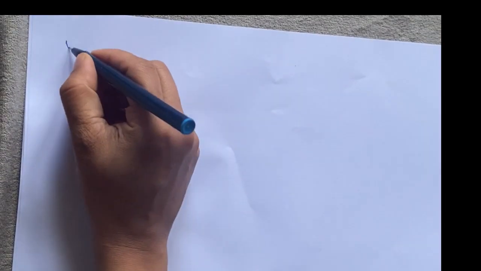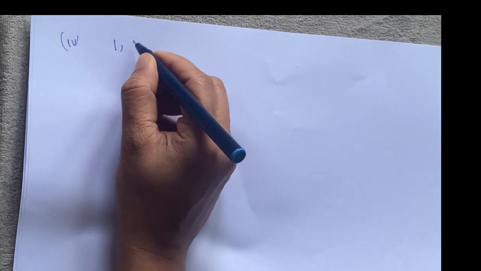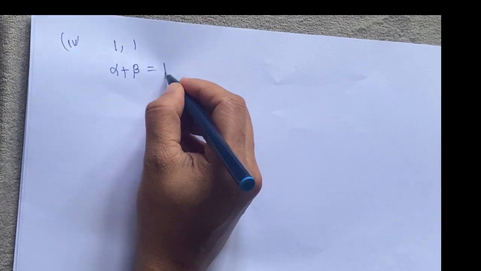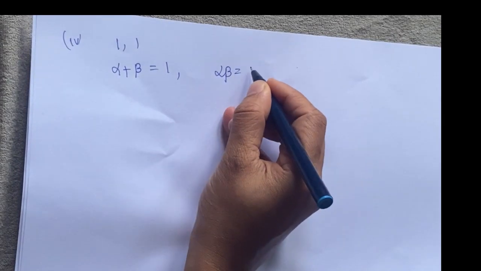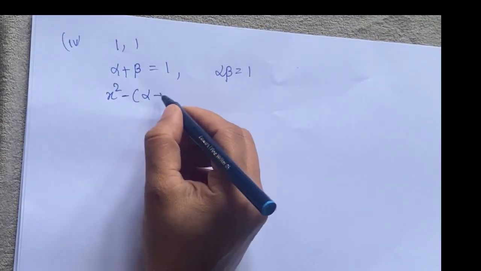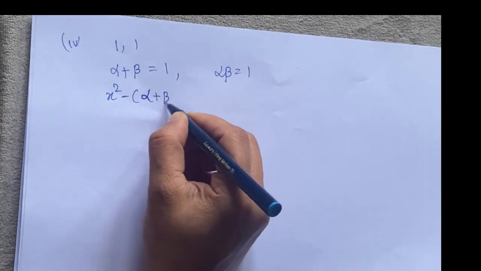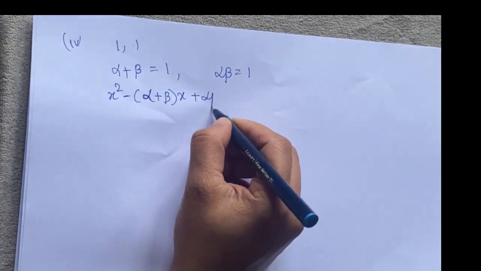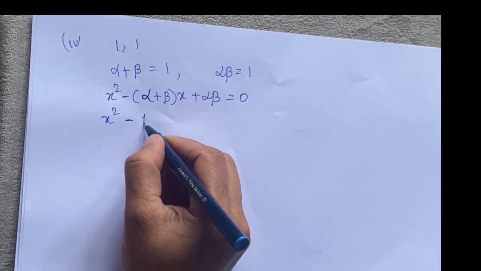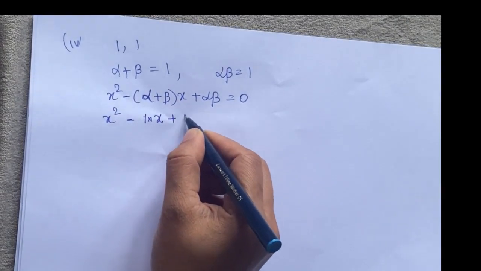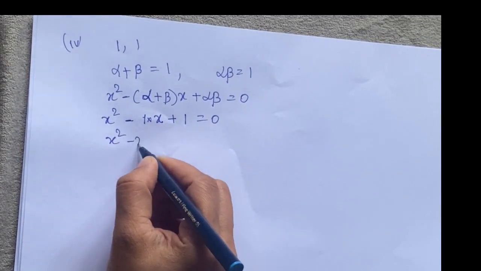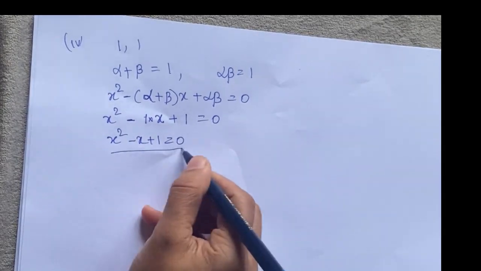Fourth one is 1, 1. Sum of zeros is 1. Product of zeros is 1. The equation in terms of alpha and beta is x square minus alpha plus beta into x plus alpha beta is equal to 0. x square minus 1 into x plus 1, alpha beta is 1, is equal to 0. x square minus x plus 1 is equal to 0.